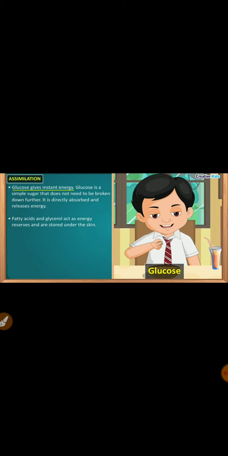Now we have talked about amino acids. We have used them. Glucose is being used to give energy. Now what about fatty acids and glycerols? What is the function of fatty acid and glycerol? They will act as energy reservoirs.